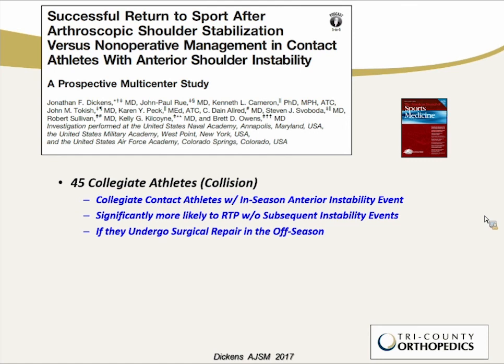What they found is that collegiate contact athletes with an in-season anterior instability event, that's the first season, when they came back for the subsequent season, were significantly more likely to return to play if they had surgical repair in the off season, and to return to play without instability events. So a much higher success rate if you had surgery in the off season, your second season back.